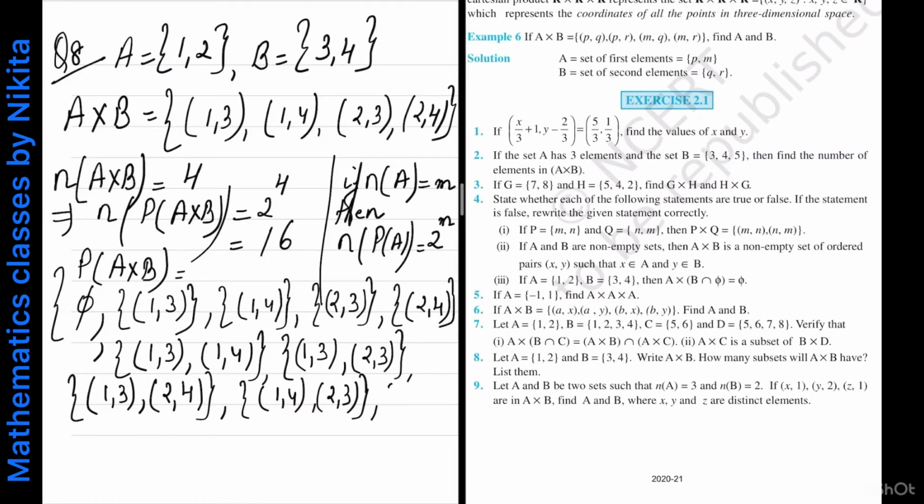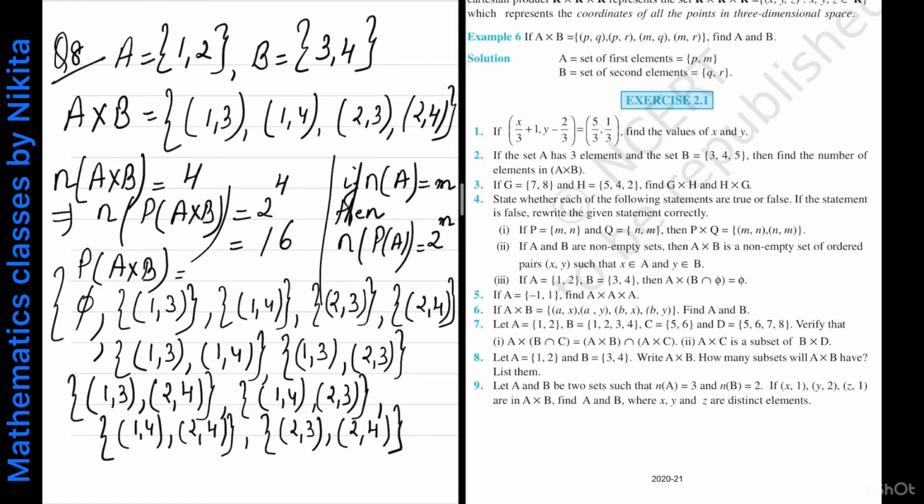Next will be (1,4) and (2,4). Next will be (2,3) and (2,4). So these are all the subsets containing 2 elements.